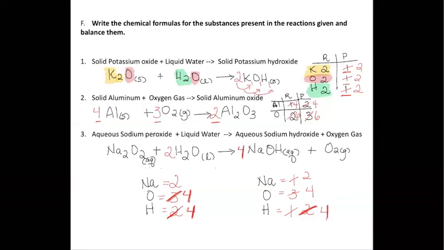But now my oxygens go to what number? How many oxygens do we have in the product now? Excellent, we have 6. How many sodiums do we get now? How many sodiums do we have in the product? Excellent, we have 4.